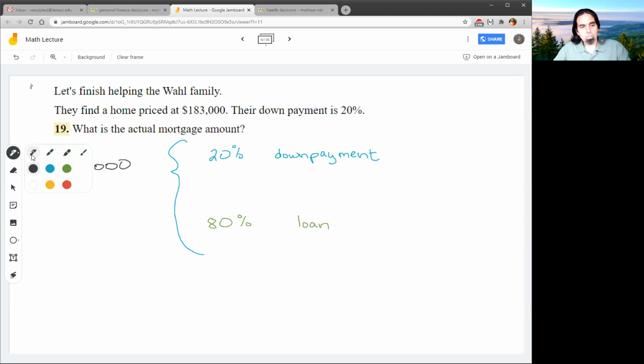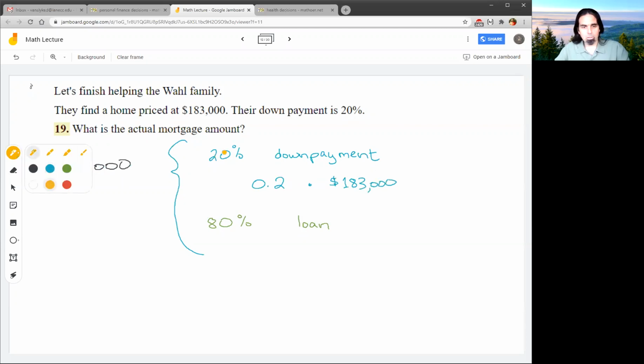As we've done several times today, if I want to find 20% of a number, I do RIPLOP and multiply. So I get 0.2 times my 183,000.